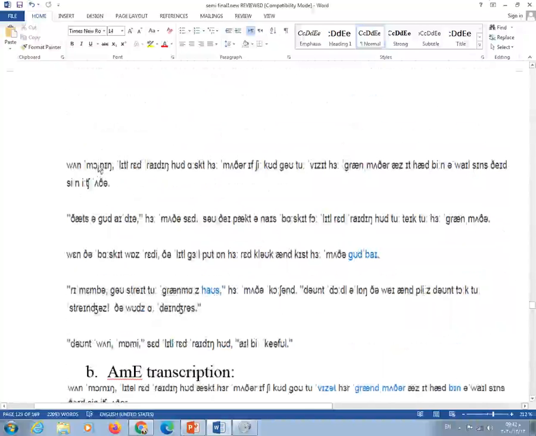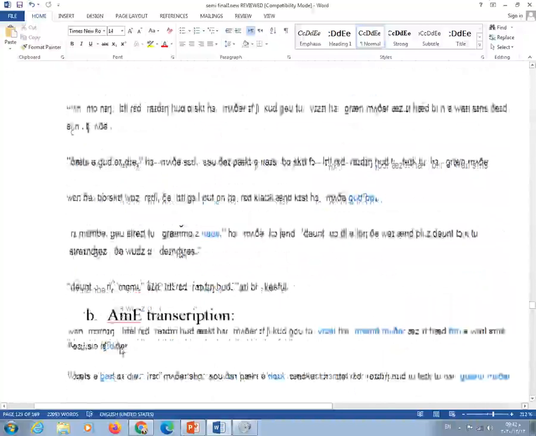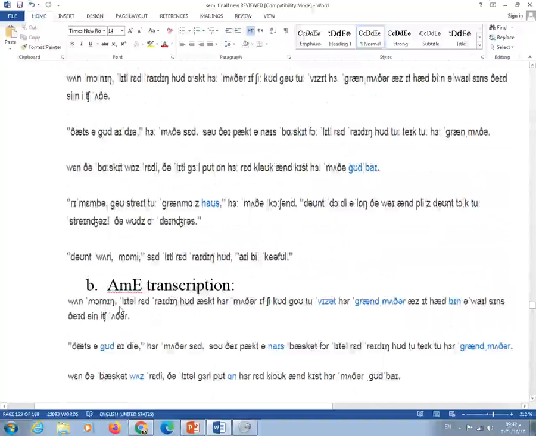Okay, one morning, Little Red Riding Hood asked her mother. Here in asked her, there is an R, because Americans pronounce the R, while in British it is her American mother.